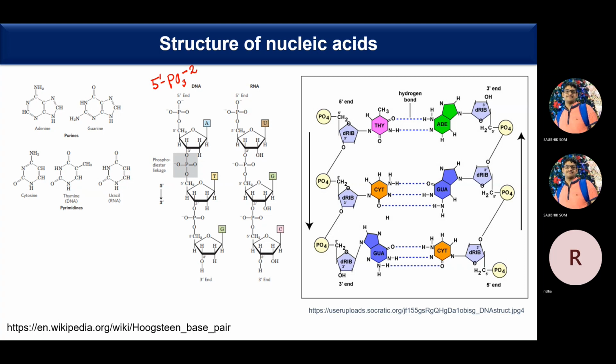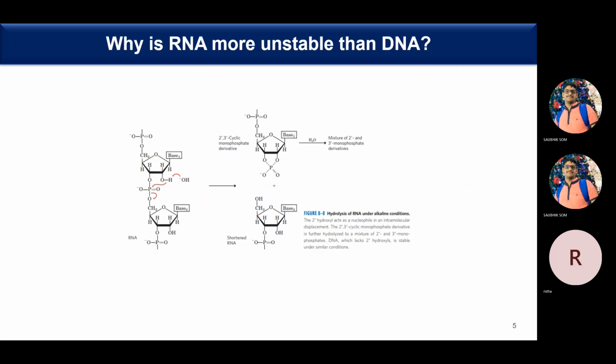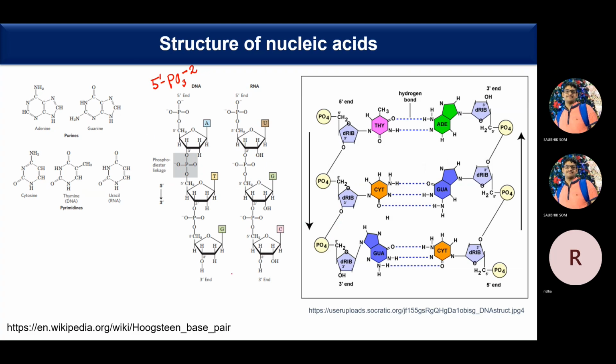And at the 3 prime, there will always be a 3 prime OH, correct? So there will always be a 3 prime OH or a 5 prime phosphate. That's why DNA has a polar nature of 5 prime to 3 prime. And DNA strands are always antiparallel, so this strand will go here, and this strand will go like this.